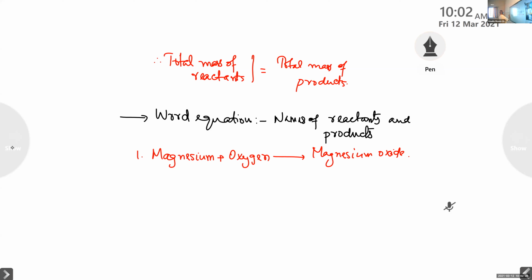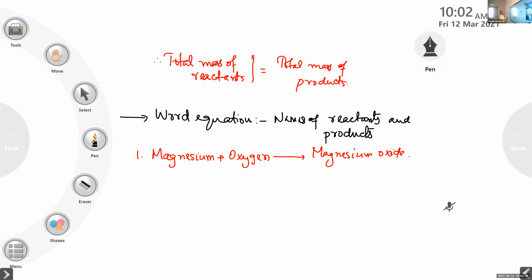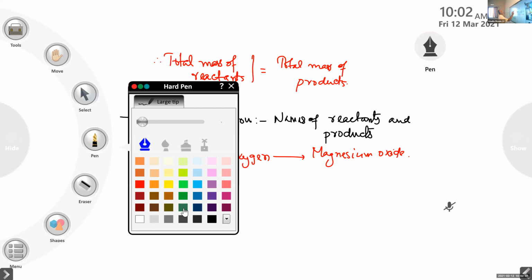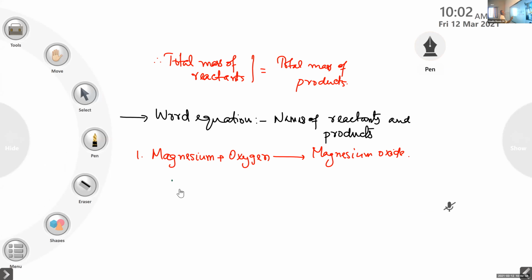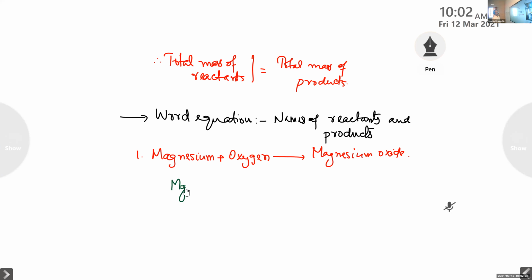You know the symbol of magnesium. What is the symbol of magnesium? Magnesium is Mg, right? Mg, that is the symbol of magnesium. Write Mg plus. What is the symbol of oxygen? Oxygen gas means oxygen molecule. Oxygen molecule is O2. Oxygen atom is O, while oxygen gas is O2.